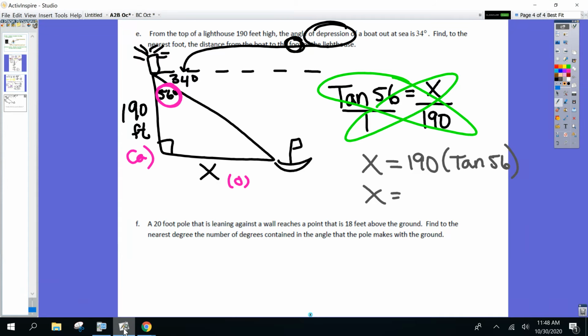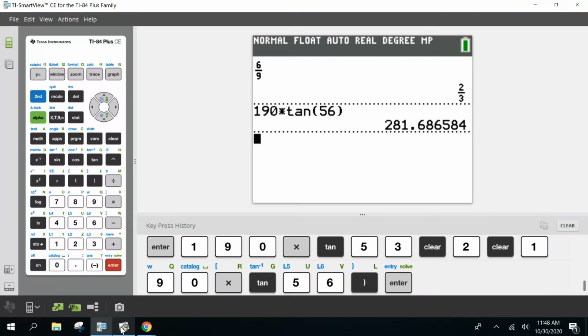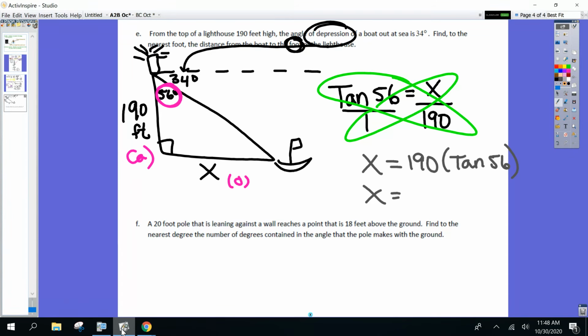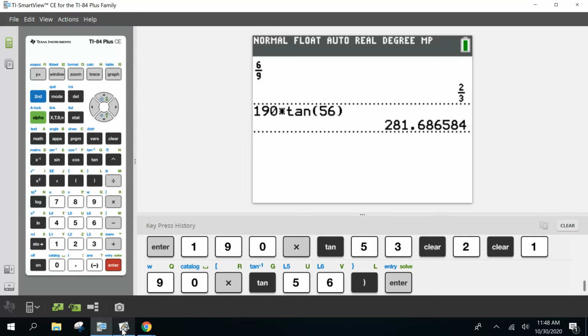What are the directions? Nearest foot. So that boat is 282 feet away.